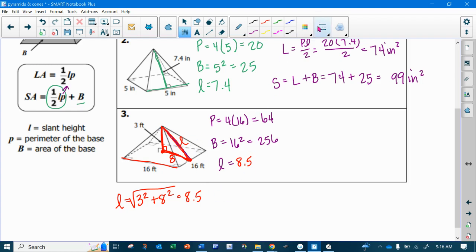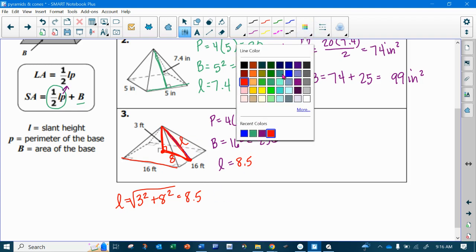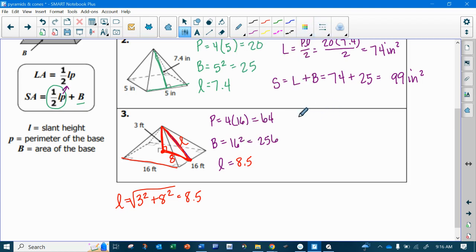Now I can plug this information in, and I can find my lateral area, which is perimeter times slant height divided by 2. 64 times 8.5 divided by 2. You will be doing Pythagorean theorem quite a bit today, which is why we learned to do it earlier in the year.